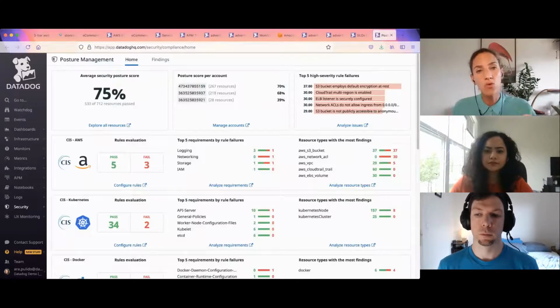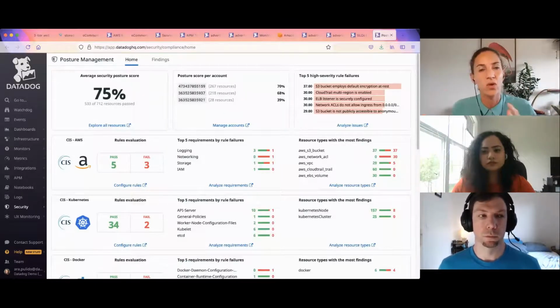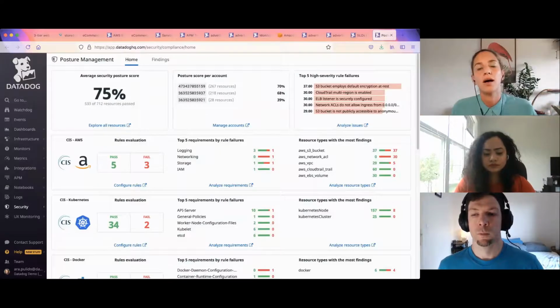And as you move to more and more services, you start using S3, you start using load balancers, you have to use different types of EC2 instances, etc. It may be difficult to track everything. It's normal to make mistakes, and you can audit them manually or maybe with external audits.